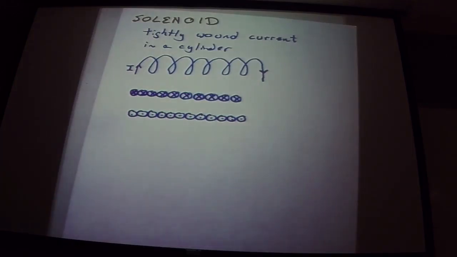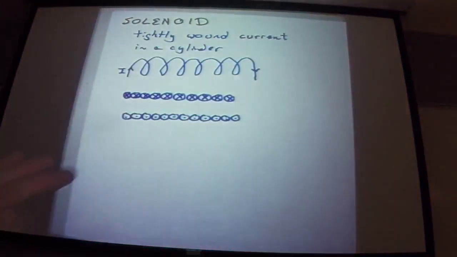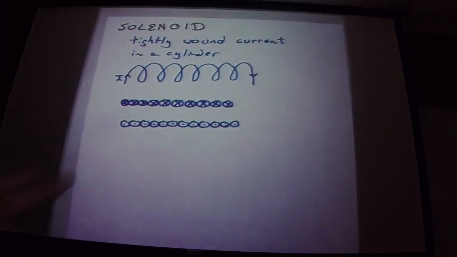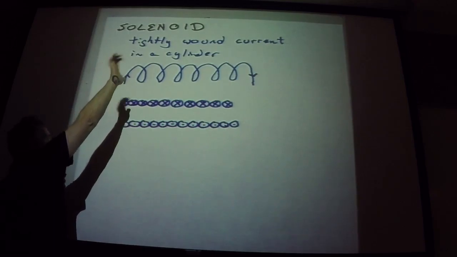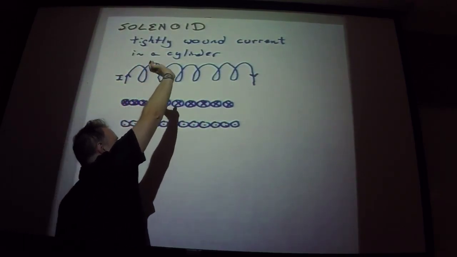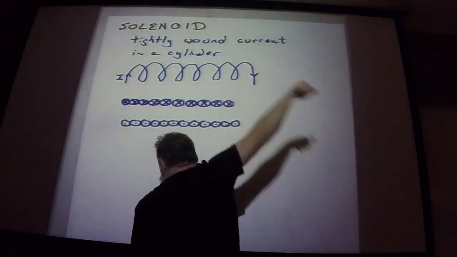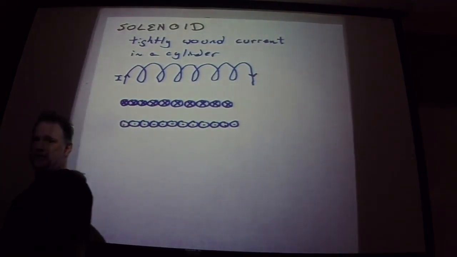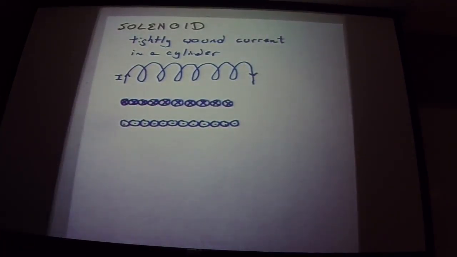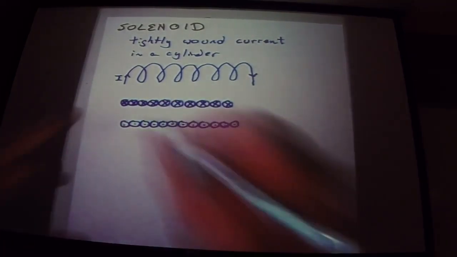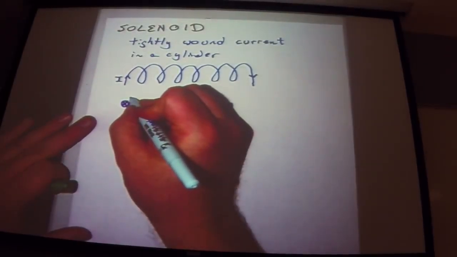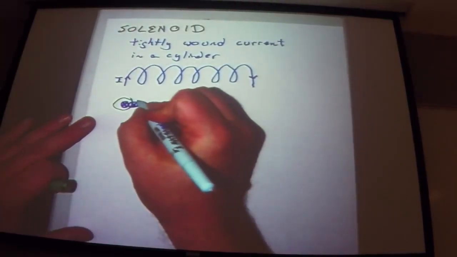So we've got some in the back and some in the front and some on the sides. For the loops that are going into the page, if you put your thumb in the direction of those X's, which would be into the page, notice that around those X's you're going to have clockwise magnetic fields.